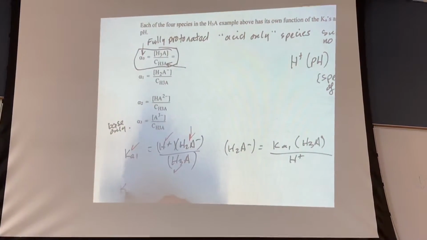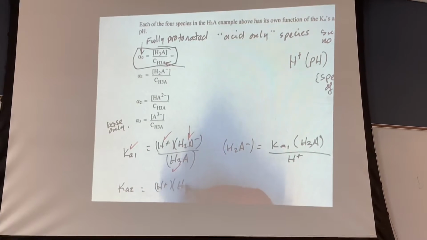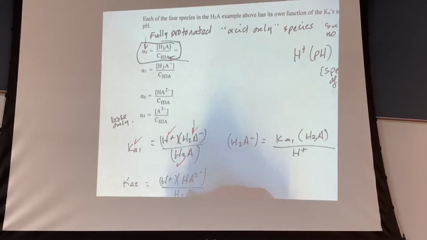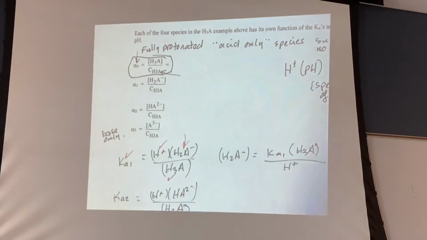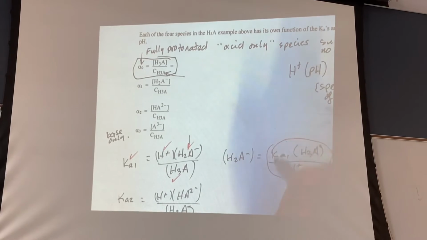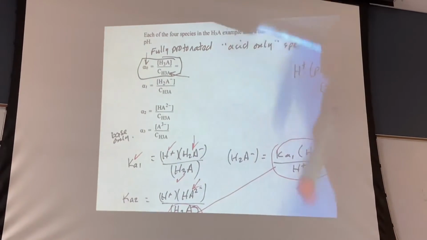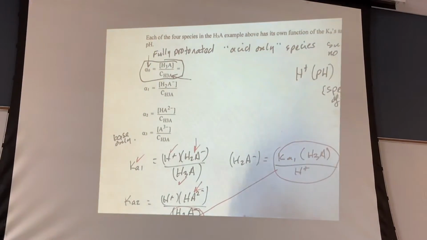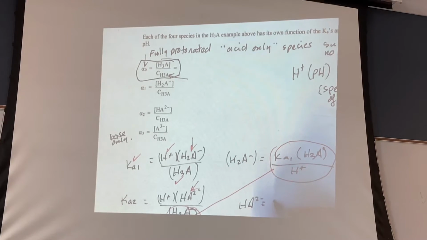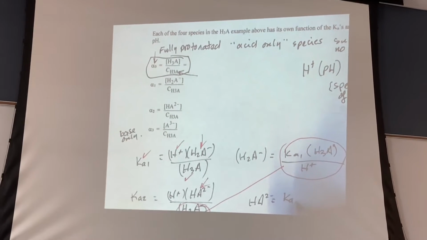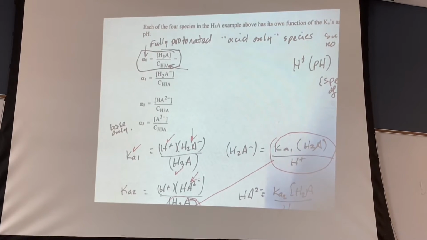So Ka2, from Ka2 I have H plus equals HA2 minus over H2A. If I solve now, I'm going to keep H2A. I'm going to substitute this expression in for here and solve for that term. So I get HA2 minus is equal to Ka2 H2A over H plus.